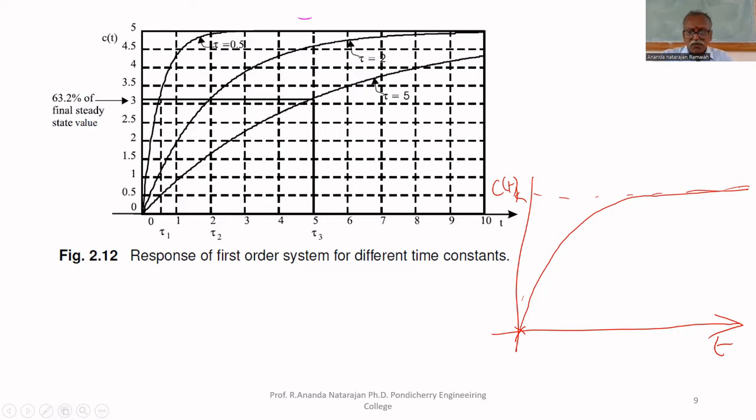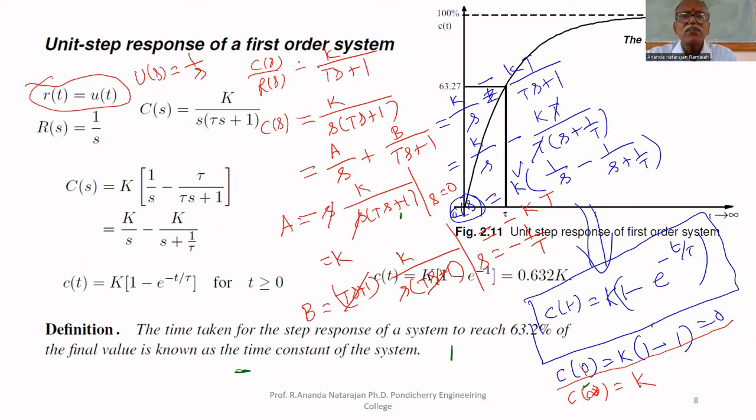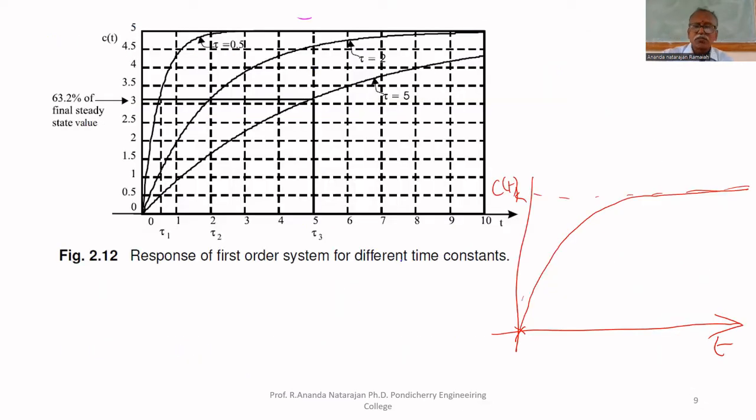The definition for the time constant tau that we have seen in the transfer function is the time taken for the step response to reach 63.2% of the final value. 100% is K, because finally it reaches the value K. Initially it is 0, gradually it increases, and finally it reaches K. While reaching, at some time it will be at 63.2% of the final value.